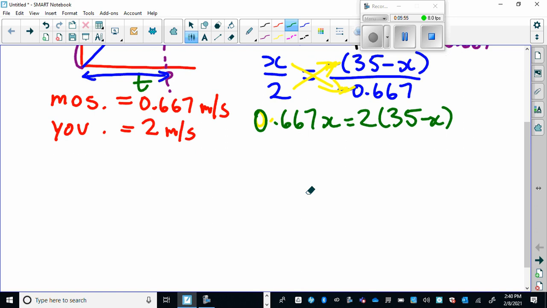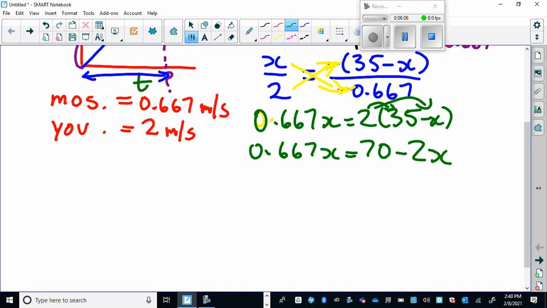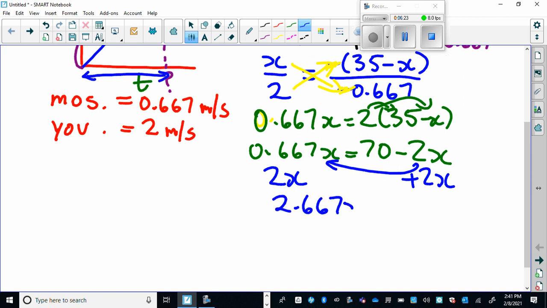Distribute: 0.667x equals 70 minus 2x. Move the 2x over to this side by adding 2x to both sides. And that's going to give you 2.667x equals 70.